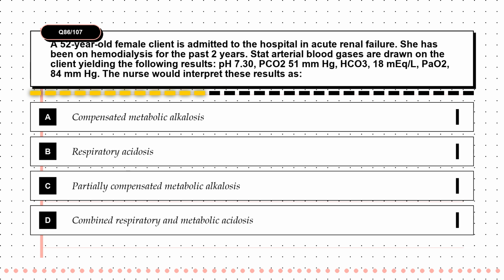The nurse would interpret these results as, here are the options. Option A, compensated metabolic alkalosis. Option B, respiratory acidosis. Option C, partially compensated metabolic alkalosis. Option D, combined respiratory and metabolic acidosis.